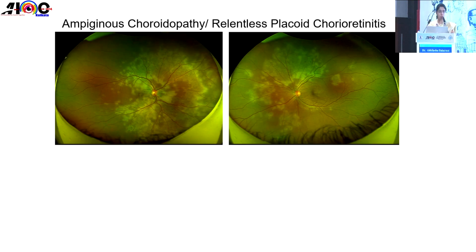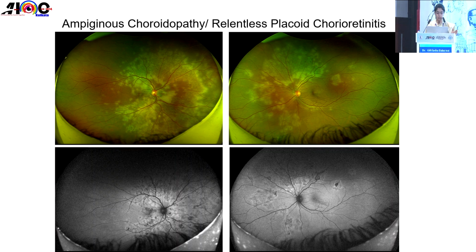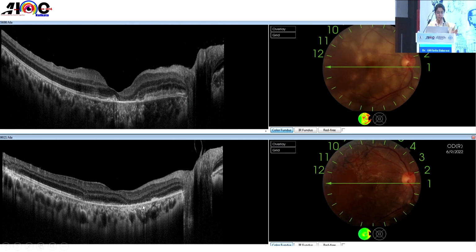Now, ampiginous choroiditis, unlike APMPPE, presents as multifocal lesions not only in the posterior pole but also in the periphery, and it spreads very, very quickly. Here again in the autofluorescence, active lesions are hyper and inactive are hypo. There is disruption of the outer retinal layers and increased choroidal transmission.